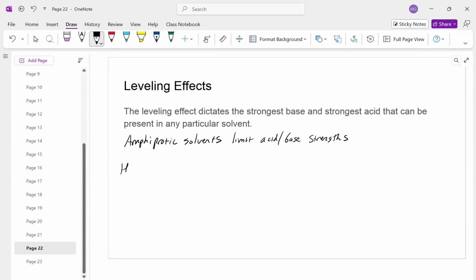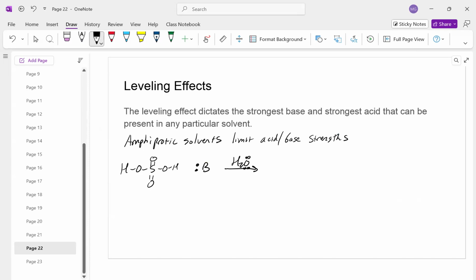Well, let's say I have sulfuric acid in solution, and I want to deprotonate it with some sort of organic base. If I'm doing this in water, I have to be very careful because that water can also act as a base.